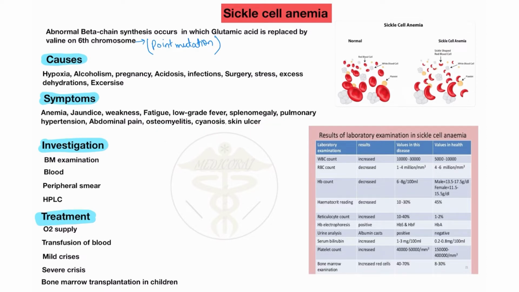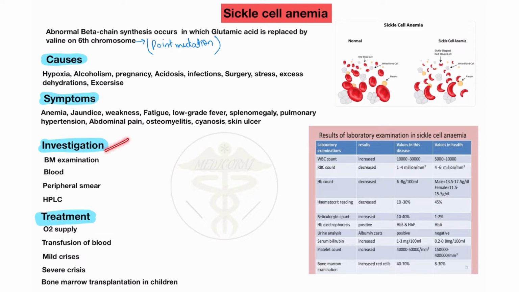The most important are osteomyelitis, cyanosis, skin ulcer and abdominal pain. So please learn these symptoms, which mostly appear in all patients of sickle cell anemia.